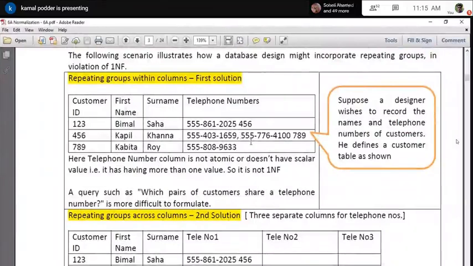Then it's very difficult, with the help of that particular phone number, to find out who is sharing, and it is very difficult to write in a query. Sometimes in a big office there are small cubicles, and some of them share a common telephone number. If you keep the information this way, given a telephone number, can you say who the clients using it are? That type of query is very difficult.